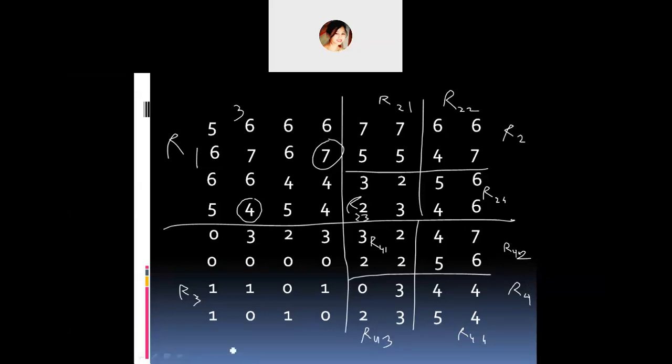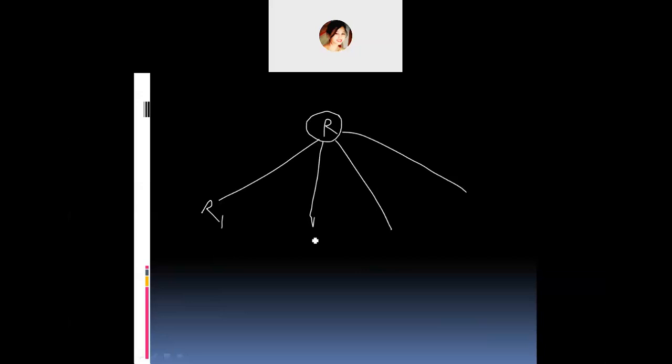So now what we have to do is draw a quad tree, because this is made of quadrants. So it is named a quad tree because the quad tree consists of all the quadrants. How will you draw it? Suppose this is the whole region R. Then R is divided into R1, R2, R3, and R4.